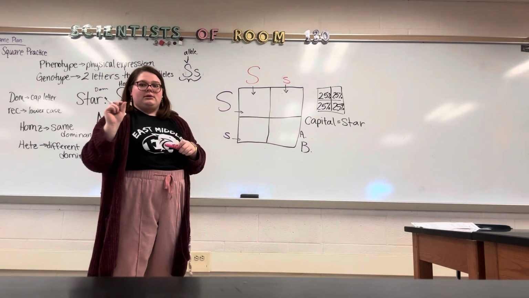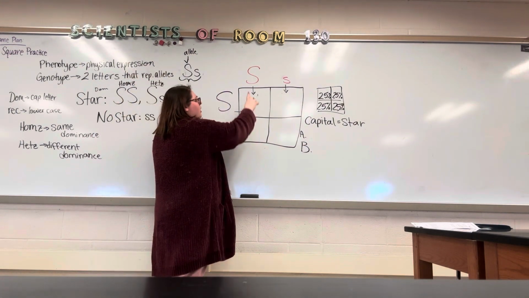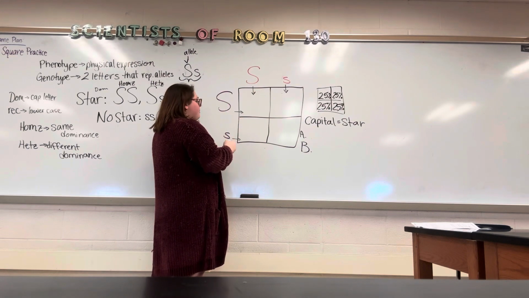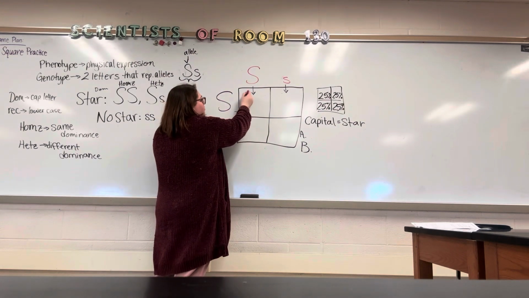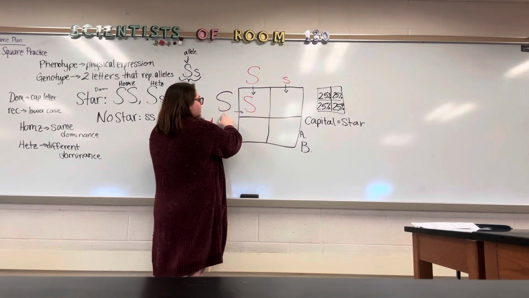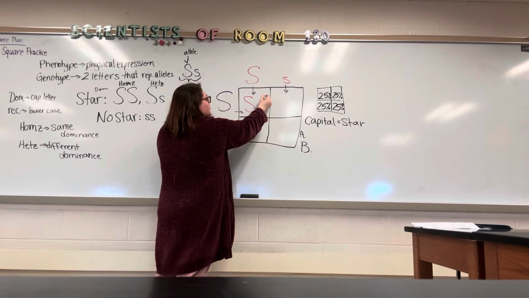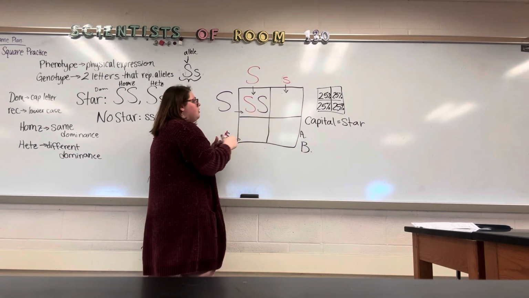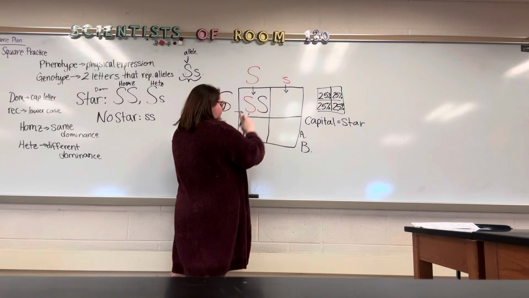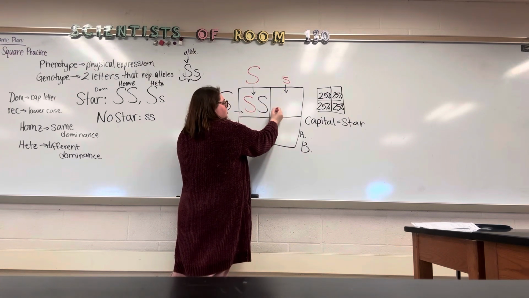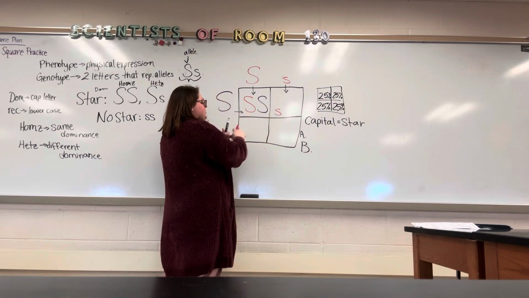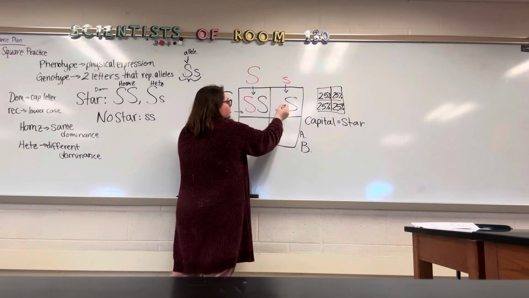Okay, now we're going to fill in our Punnett square. Remember, we start up top, our big S, we pull it down, big S on the side, we pull over. Okay, then we have a little s. We're going to pull that down, big S, we'll pull that over.